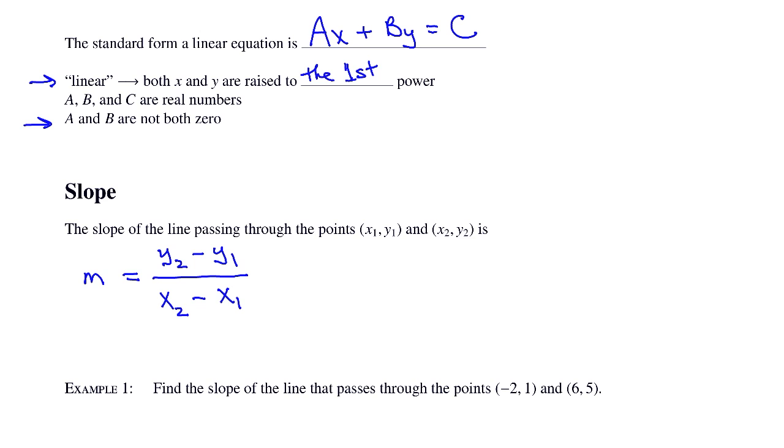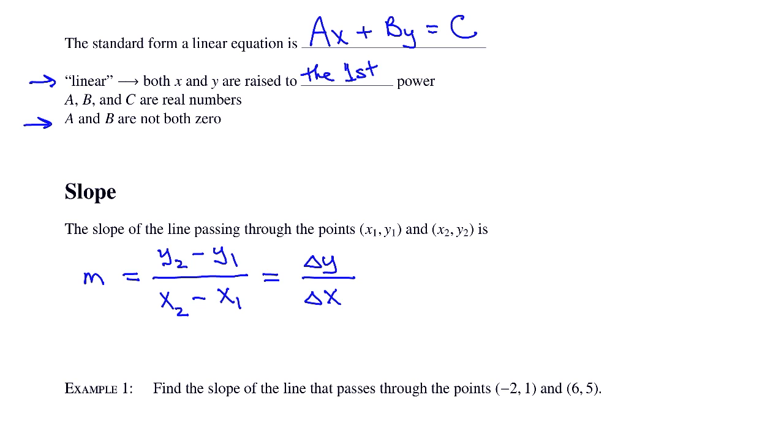Sometimes you'll see this abbreviated using the symbol delta. It's a Greek letter that stands for change, and you'll see delta y over delta x. That means that the slope is equal to the change in the y's divided by the change in the x's.